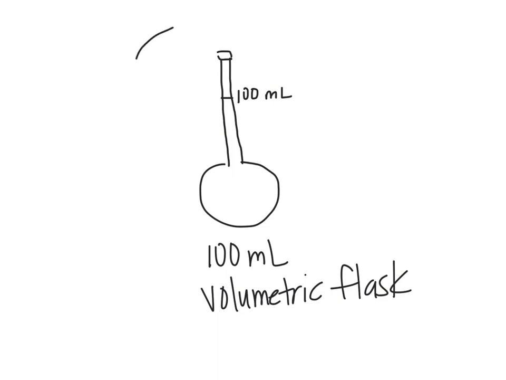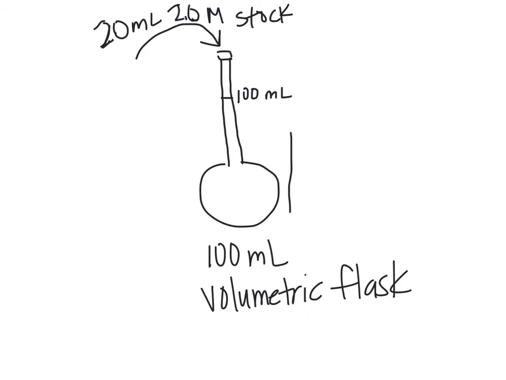So we would add our 20 milliliters of the 2 molarity stock solution. Okay, we would add 20 mils of that. And then once that gets in there, we would just fill the rest up with water until we get to that calibration mark, the 100 mil mark.